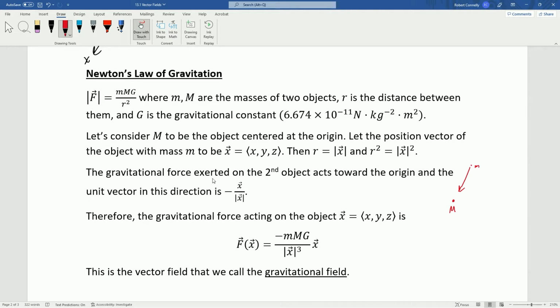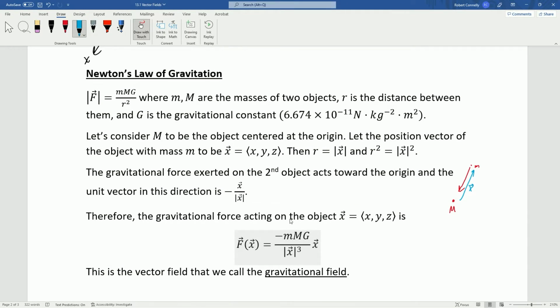Okay, so the gravitational force exerted on the second object acts towards the origin and has a unit vector in the direction given by negative the vector x. So the vector out this way is the vector x. So it has a unit vector negative the vector x divided by its magnitude.